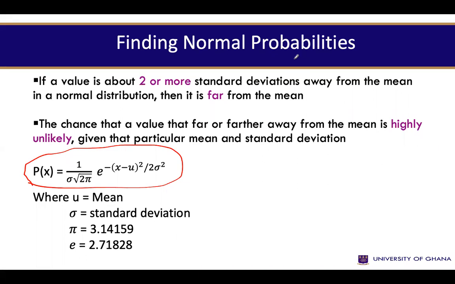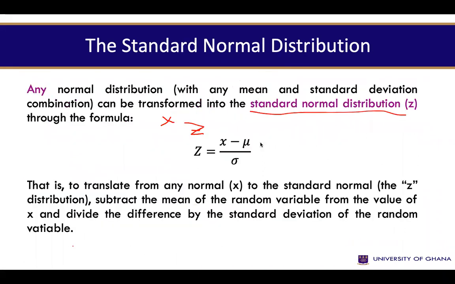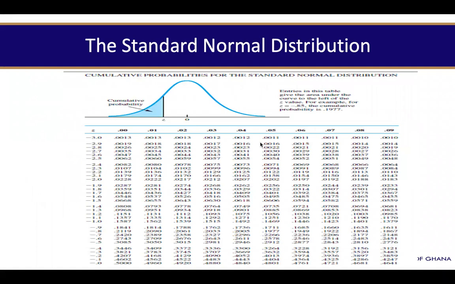We actually resort to what we call standard normal distribution tables, a special kind of table where all the probabilities that we need have been calculated for us.